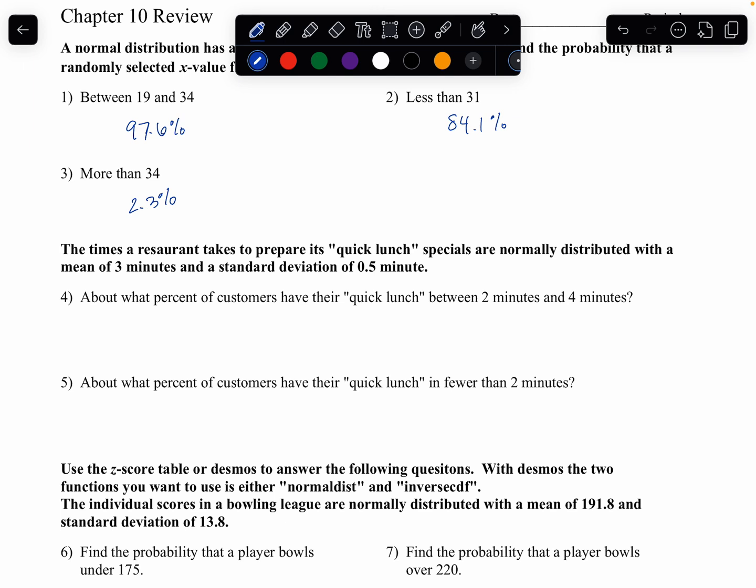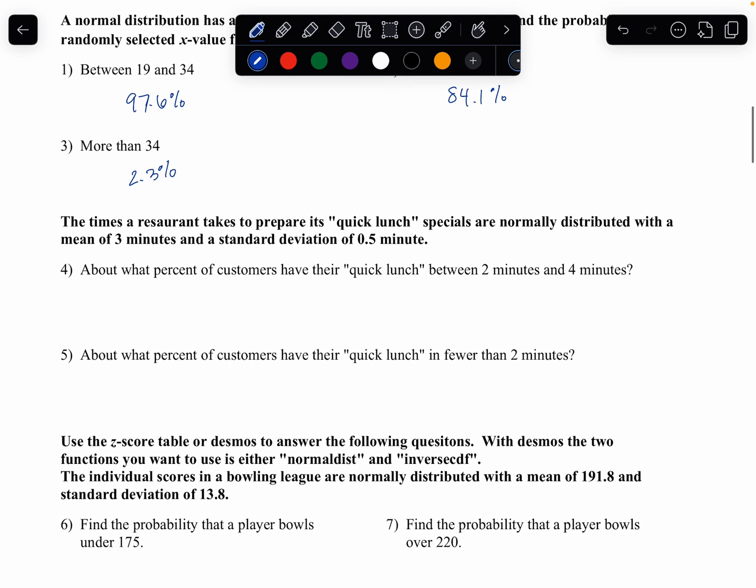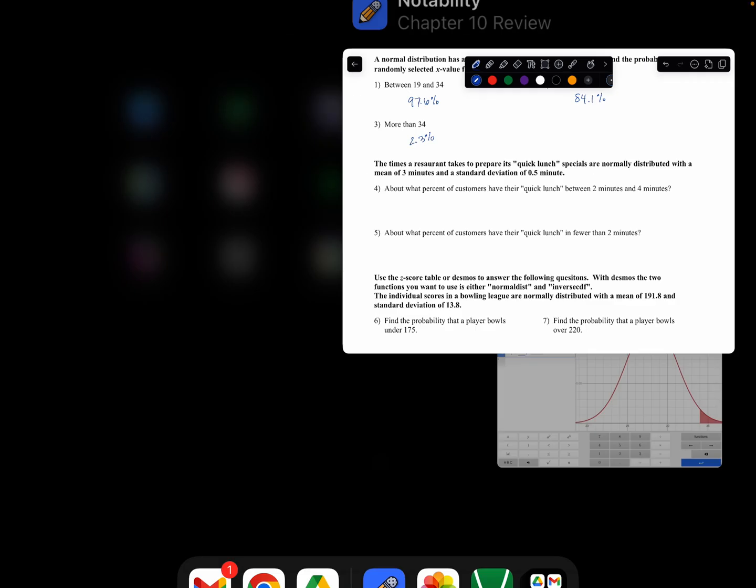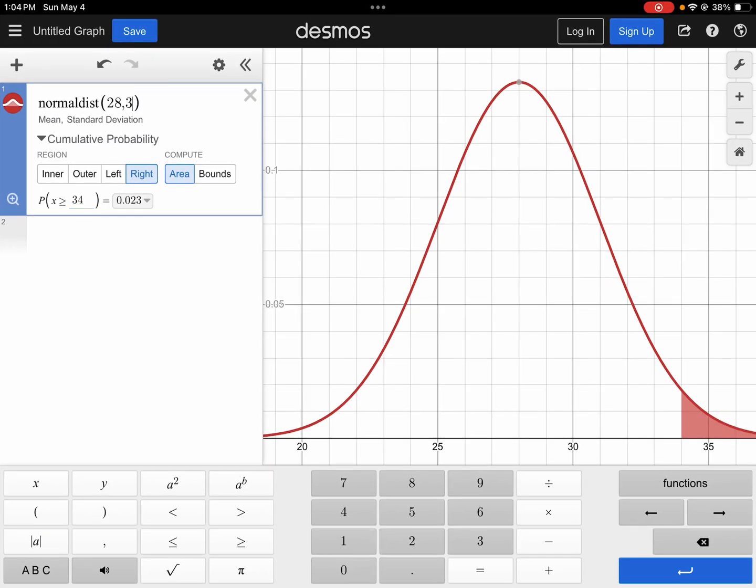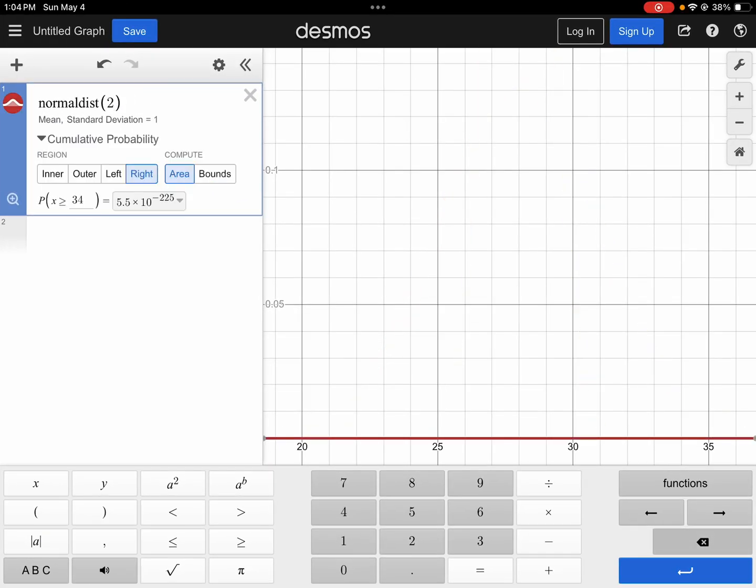The times at a restaurant to prepare its quick lunch specials are normally distributed with a mean of 3 minutes and a standard deviation of 0.5 minute. About what percent of customers have their quick lunch between 2 minutes and 4 minutes? If I go back here, let's edit the data from our table. We have a mean of 4, and a standard deviation of 0.5.